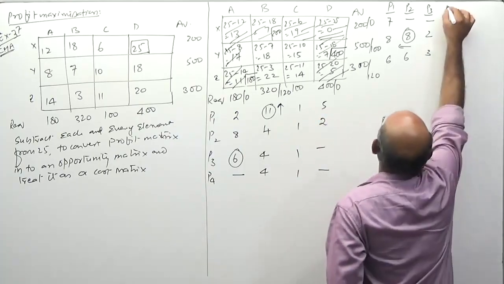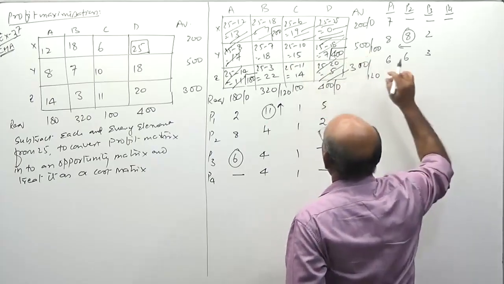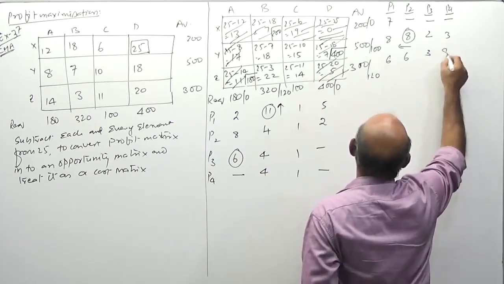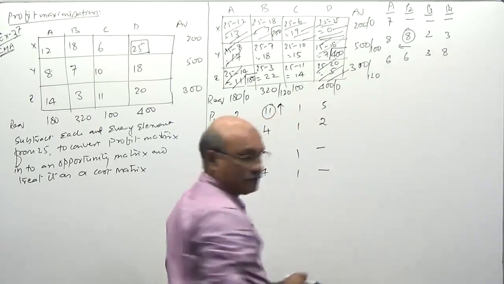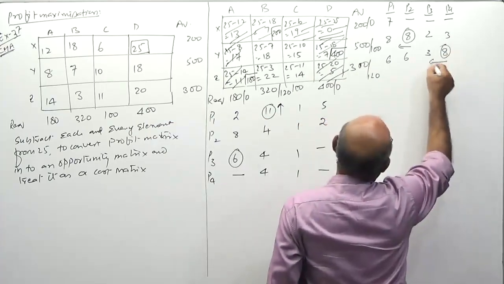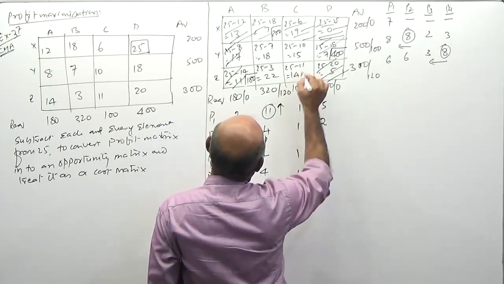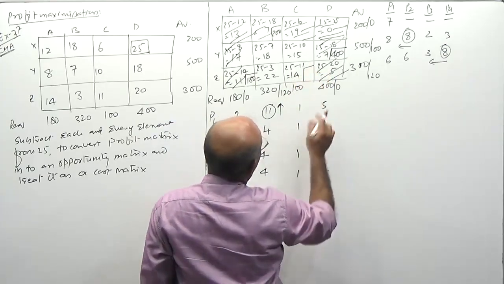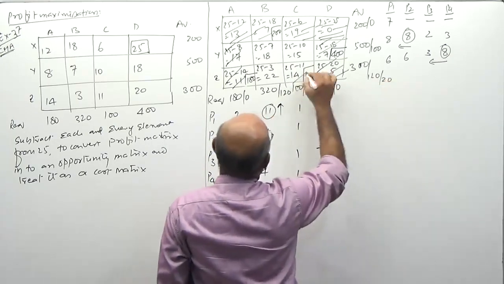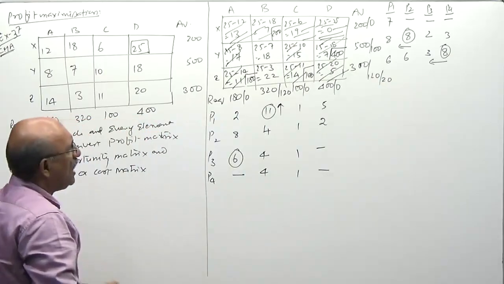Now, sir, penalty 4. 15 and 18 means 3, 14 and 22 means 8. The maximum penalty is 8. Corresponding to this maximum penalty, 14 is the least value. 100 required, 0, 20. This market requirement is also satisfied.